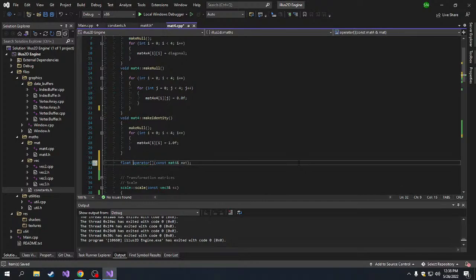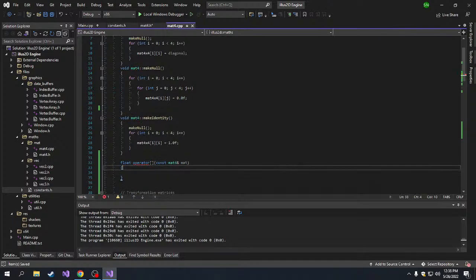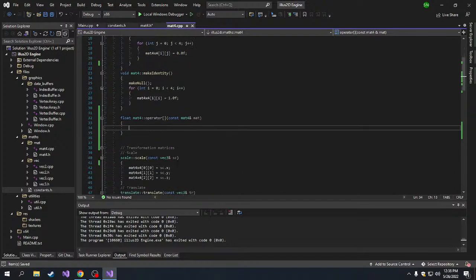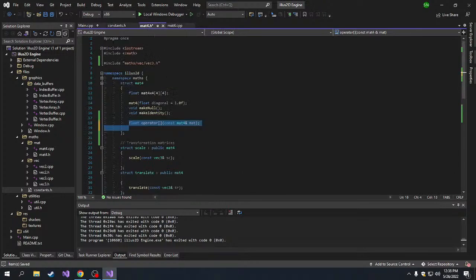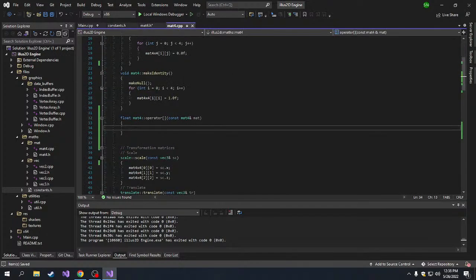So mat4 operator plus gives me an error for some reason. Mat4 operator that. Okay, constant. So the way this is going to work is pretty simple. It's just going to return the address.